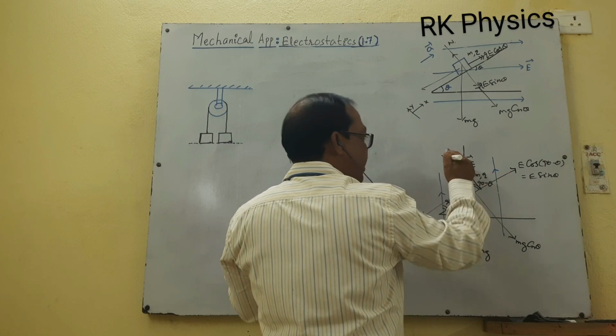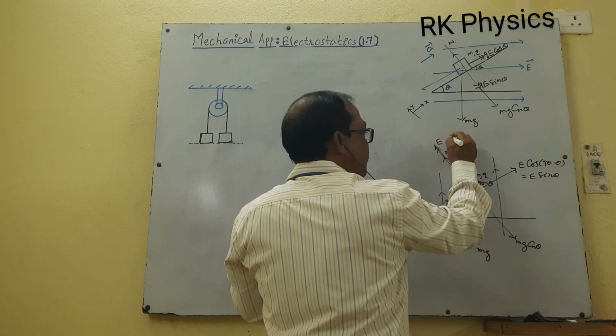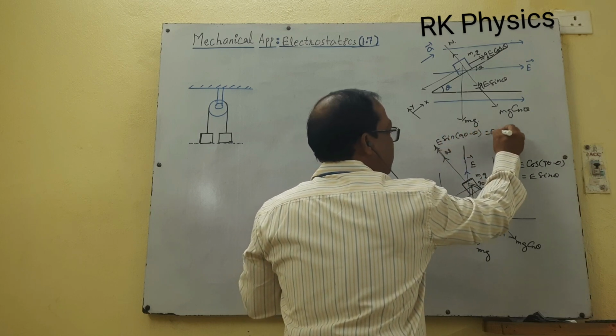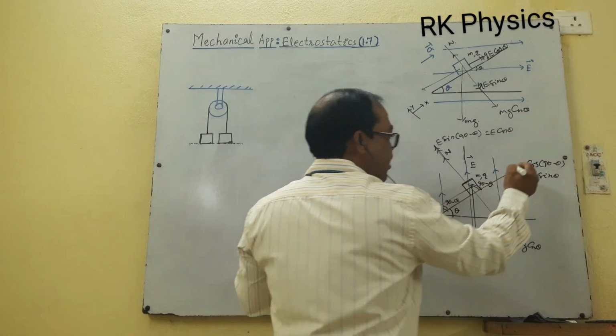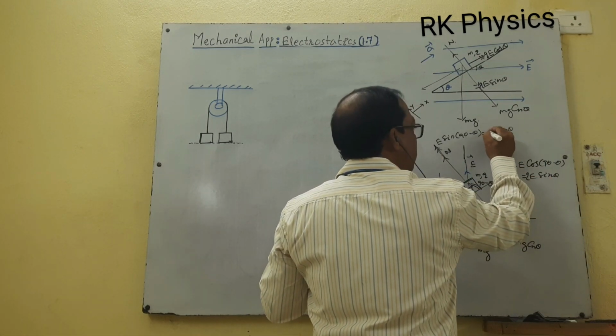And its component along the perpendicular direction, meaning along the normal, is E sin(90 minus theta), which means E cos theta. If you multiply with q, then this is your force.